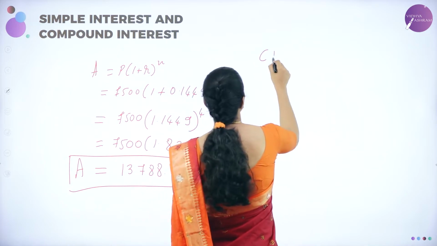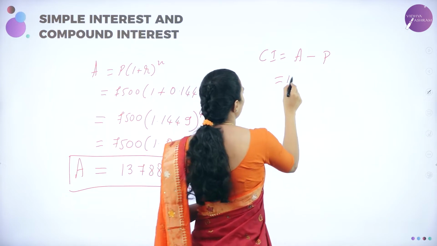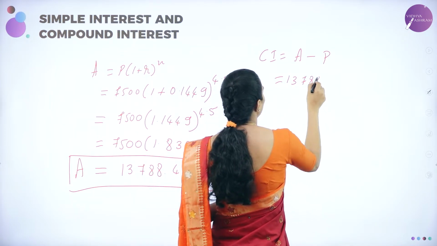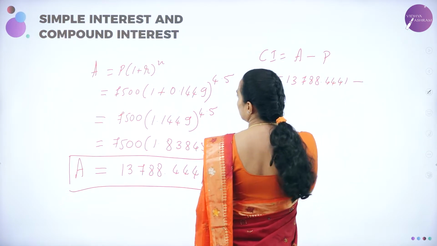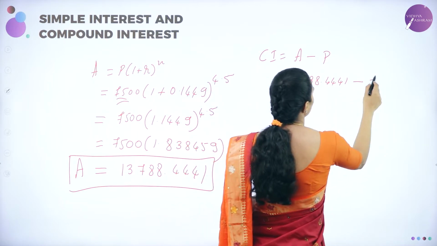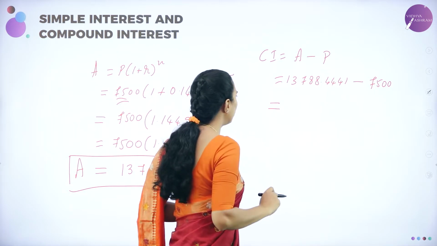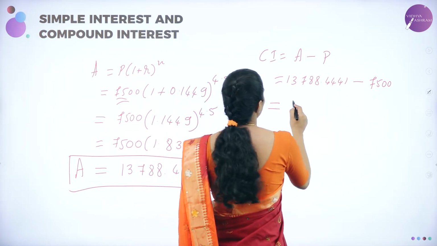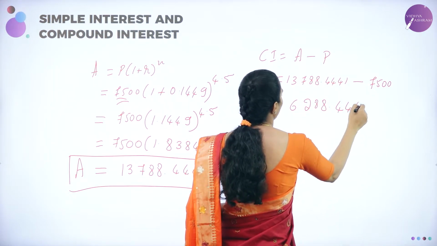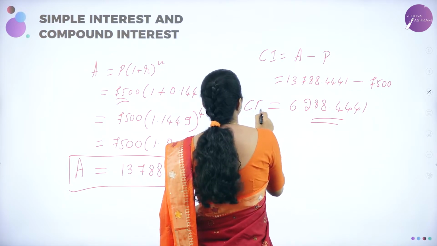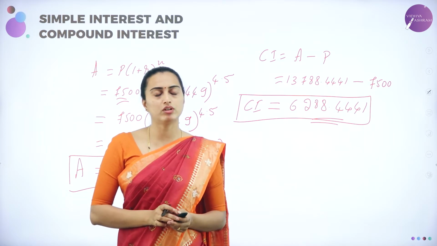So compound interest is given by the formula A minus P. A value is 13,788.4441 minus P, which is nothing but 7,500. So by subtracting this, you are going to get the answer 6,288.4441. This is your answer of compound interest. Okay, we'll move on to the next question.